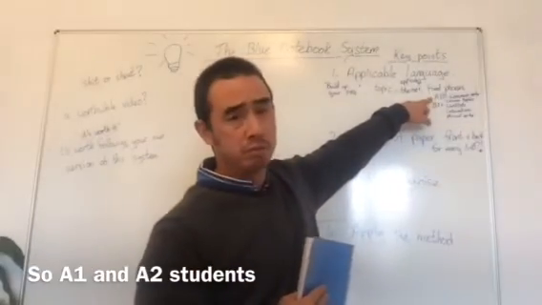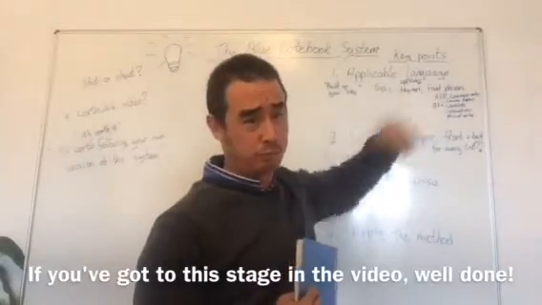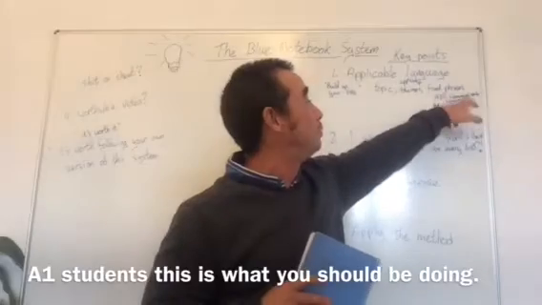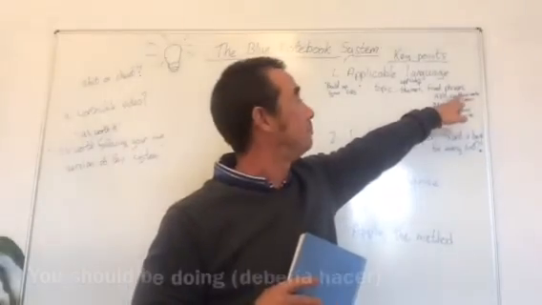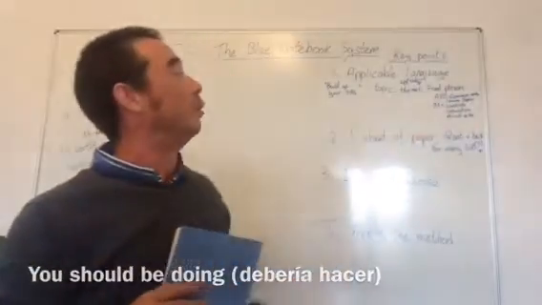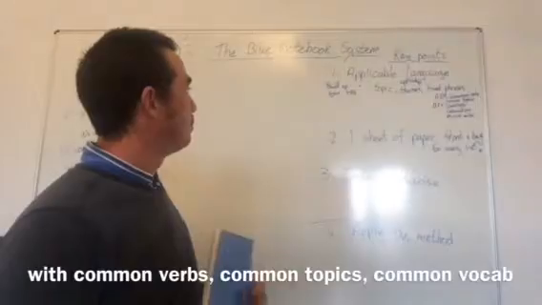So A1, A2 students, if you've got to this stage in the video, well done. But A1 students, this is what you should be doing, debería hacer, with common verbs and common topics, common vocab.